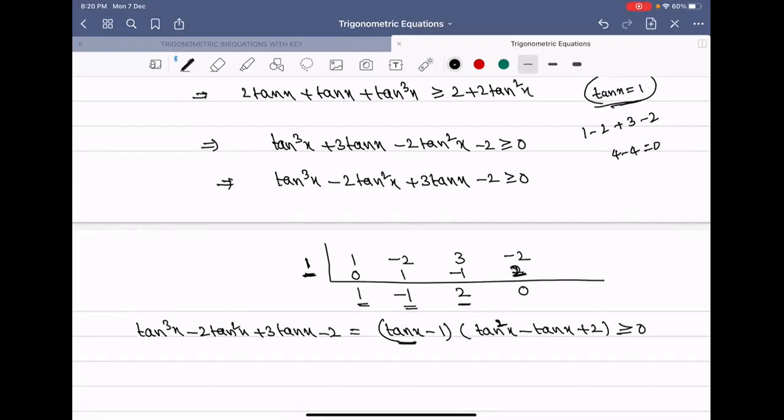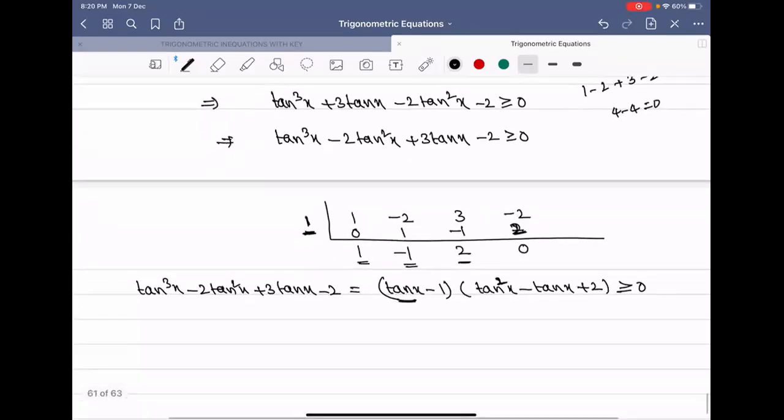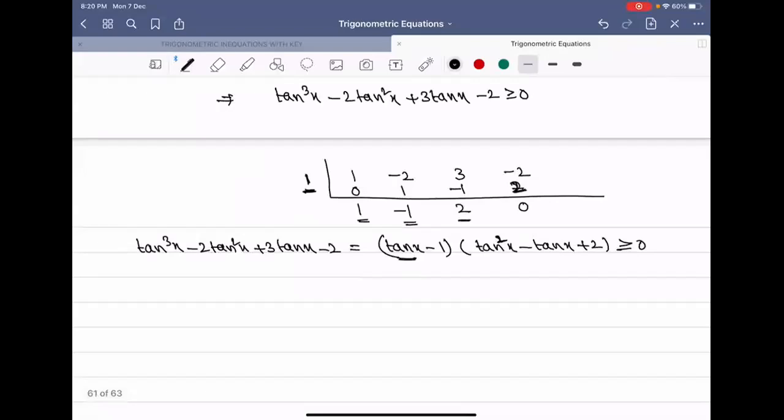Okay? So now, if you observe this one, I will keep it like this only: tan x minus 1 into tan square x minus 2 times 1 by 2 into tan x plus 1 by 4 minus 1 by 4 plus 2 is greater than or equal to 0.